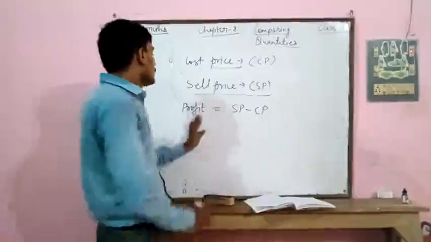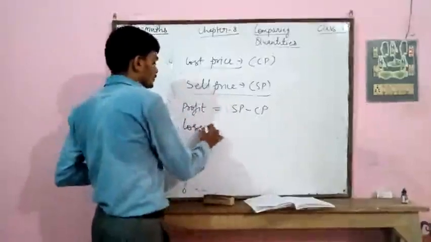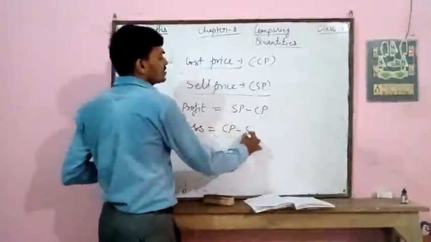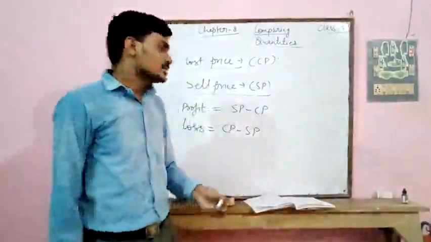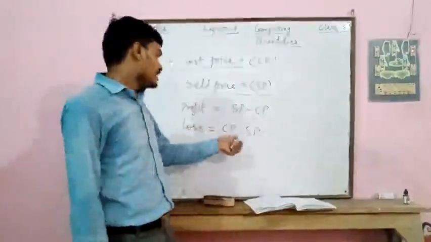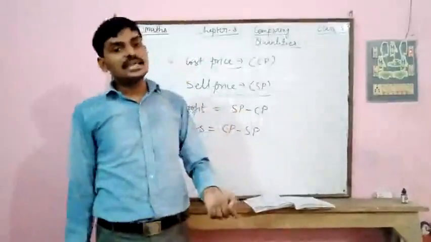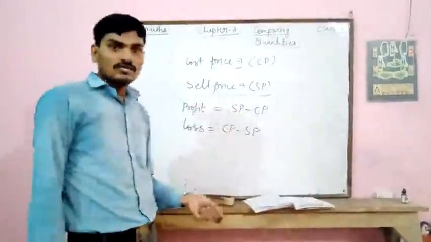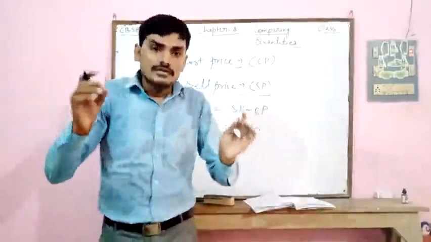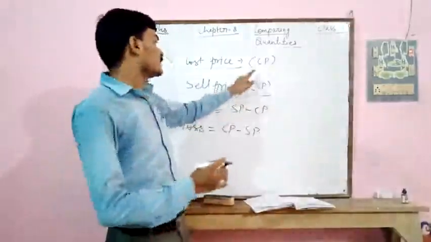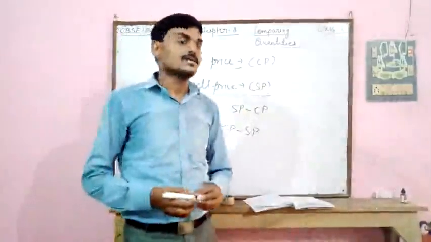And what is the loss? Loss is CP minus SP. That is, if SP is greater than CP, then there will be profit, and if CP is greater than SP, then there will be loss. We find the profit or loss as the difference of selling price and cost price.